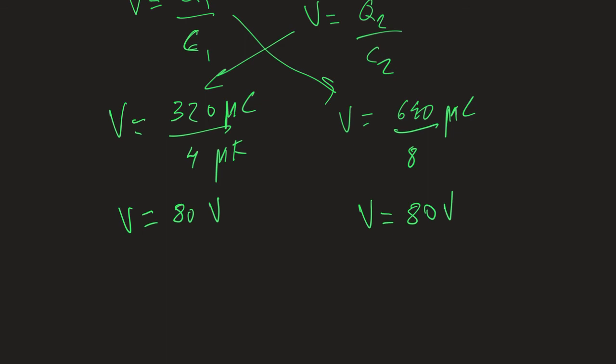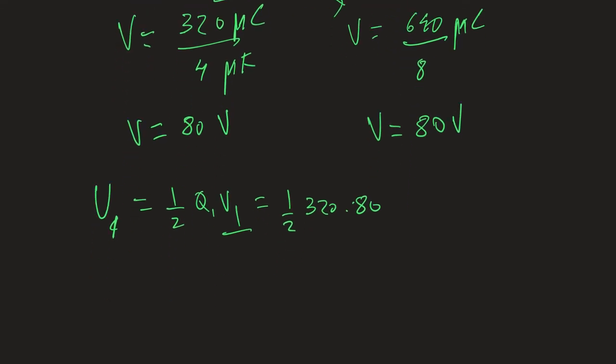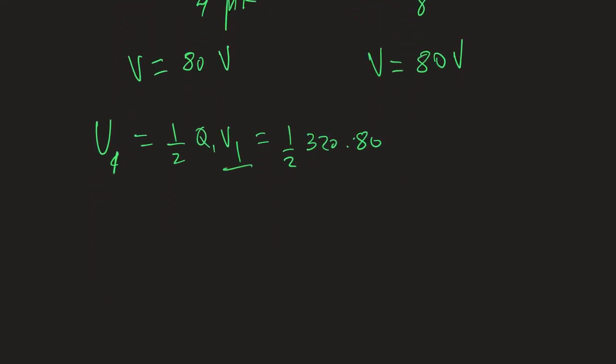With the charges Q1 and Q2, you can calculate the potential energy of the capacitors. U1 will be 1/2 Q1 by V1. Q1 is 320 microcoulombs by the potential V1, but V1 is equal to V2, 80 volts.